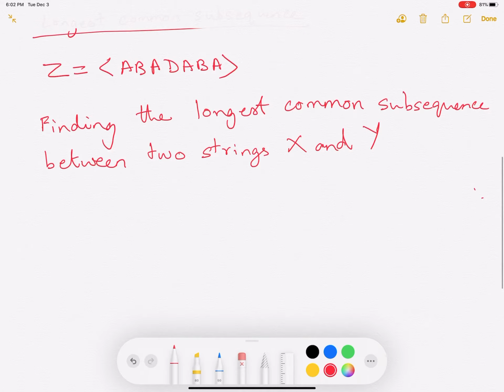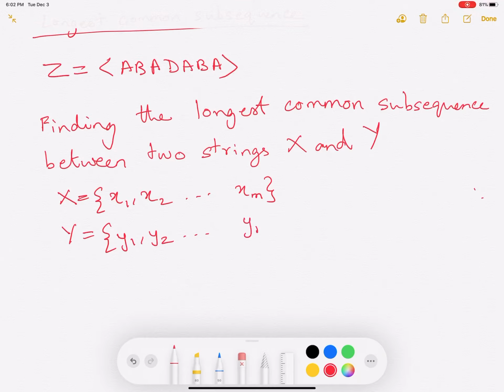X can be of size M, that is X1, X2, up to XM. These are all the characters in the string X, and Y could be of size N, that is Y1, Y2, all the way up to YN. Between these two strings, we have to find the longest common subsequence.